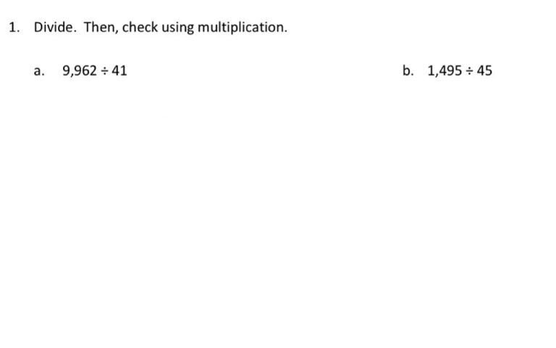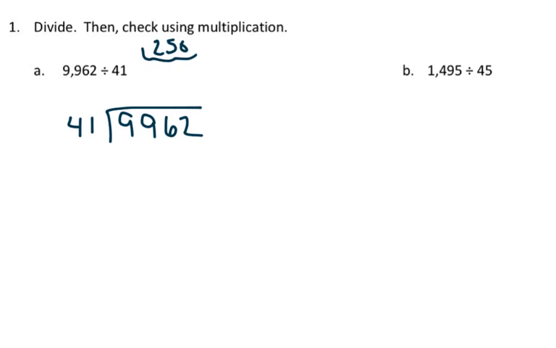So the original problem is 9,962, my dividend, and I'm dividing it by 41, my divisor. I'm just going to put 250 up here because I knew it was close to 250.